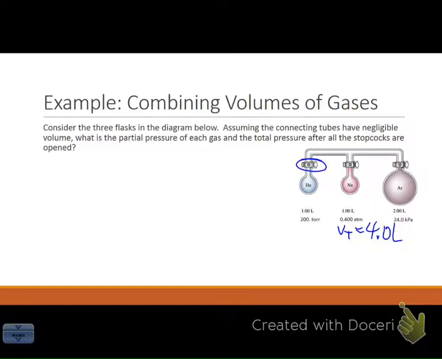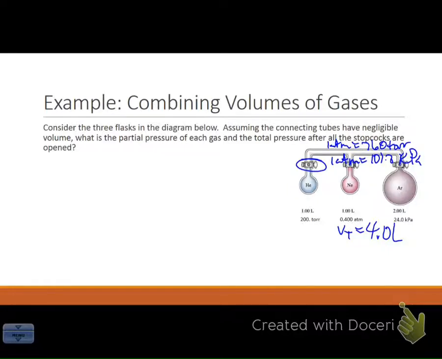The only other little trick to this problem before we get started is that we need to be in the same units of pressure. So I'm doing a pressure conversion. Just remember that 1 atmosphere is 760 torr, and that also 1 atmosphere is 101.3 kilopascals. Those are conversion factors.